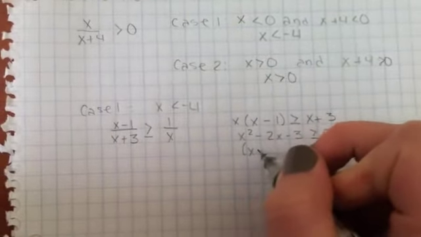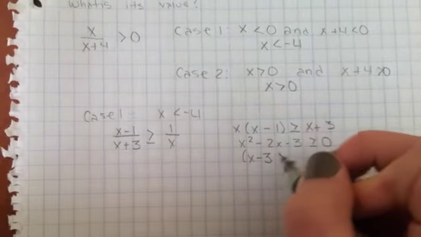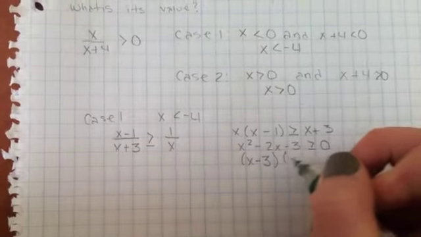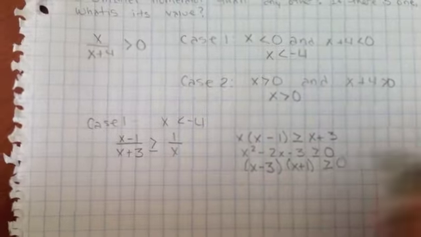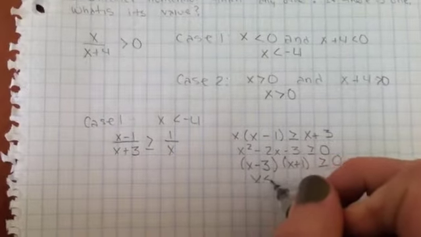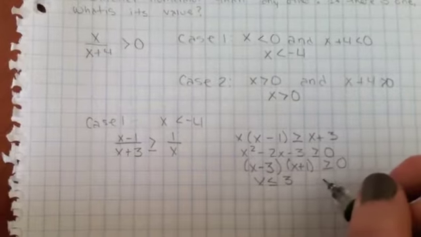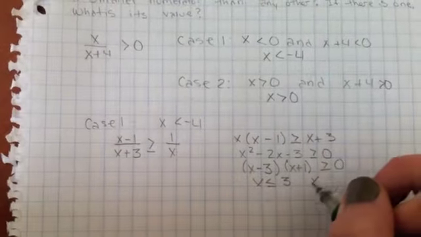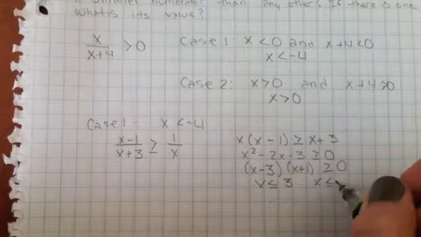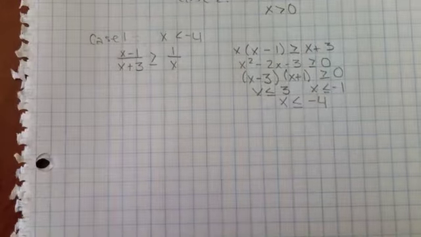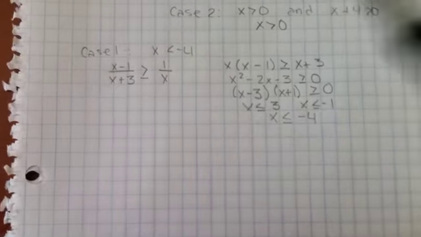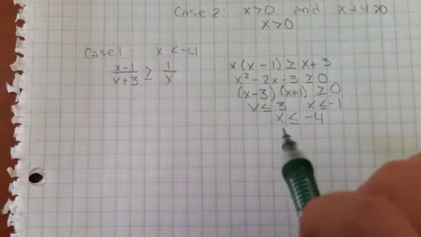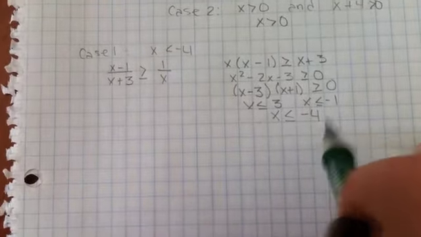And its factors are negative 3 and negative 1, so you set it up like that. And x is less than or equal to 3, or x is less than or equal to negative 1. Looking for the negative number that is also less than 0, and both of these numbers fit in the case, you get x is less than or equal to negative 4.